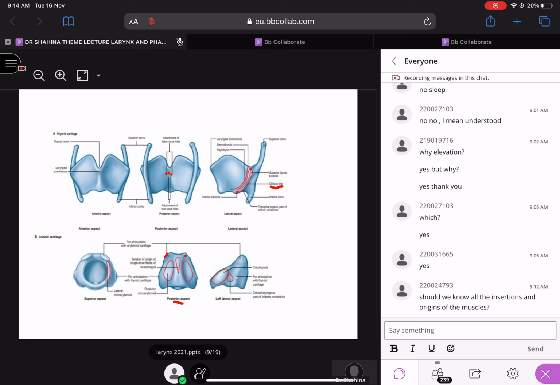So here you can see this part. This is for the posterior cricoarytenoid. It is on the posterior surface of the cricoid lamina. Now where is it going? Where is the muscular process here? Oh, it is not shown.